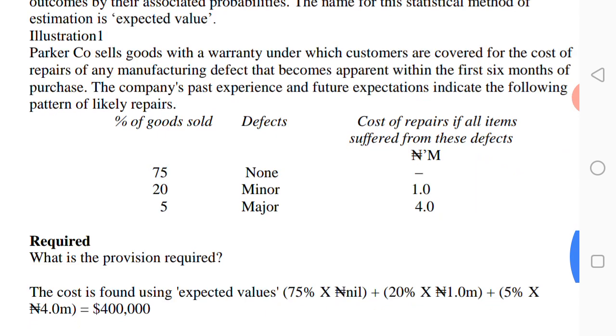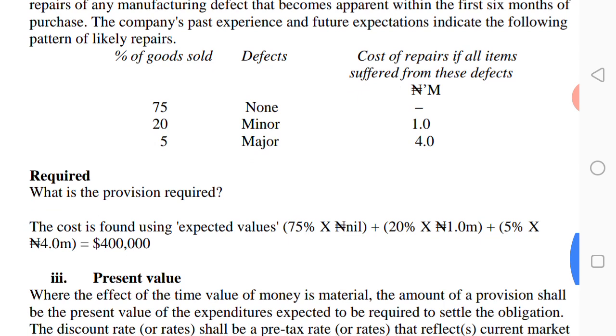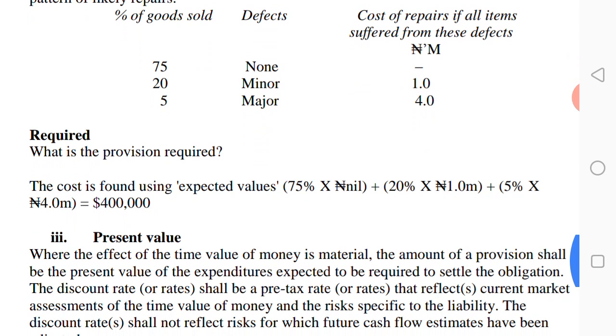The obligation is very simple. For the solution, it's just for you to look for the expected value. That means the percentage times the value of the repairs. So for none, we have 75% times nil, plus minor, which is 20% times 1 million, plus the major, 5% times the major repair cost.